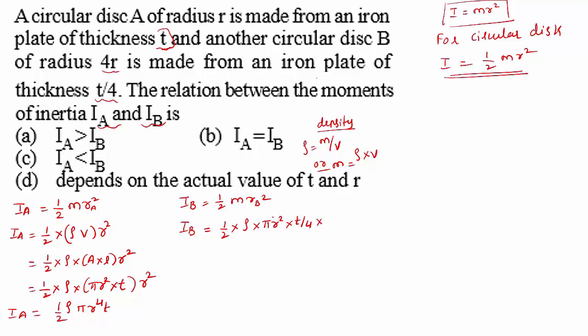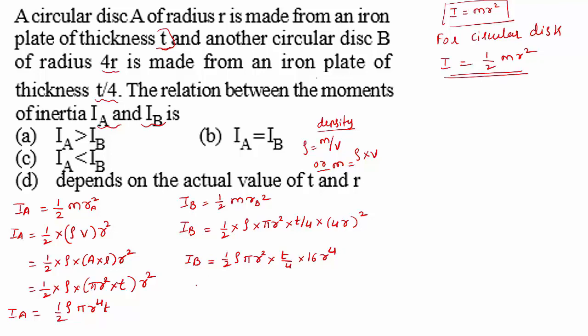So the radius of the second disk is given as 4r, so 4r square. Now I_B equals, we will get the value here, 1 by 2 rho pi r square T divided by 4 into 4r square, 16 r raised to 4.